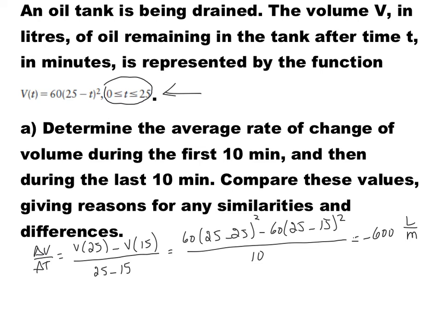And also, the first 10 minutes was negative 2400, and the last 10 minutes is negative 600. You can see that it's more negative at the beginning than at the end because there is less oil to be drained at the end than at the beginning. At the beginning there is more oil, so the rate of change in the volume of the oil is much bigger than the last 10 minutes.